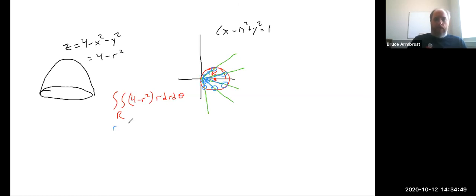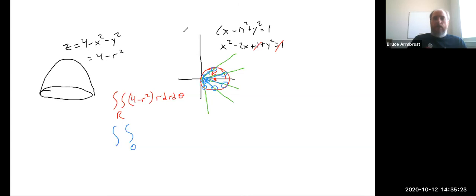So if we're going to do some bounds on this, I know his feet are at 0. To get his head, I have to look at this equation and convert it to polar. So check this one out. If I FOIL this out, x squared minus 2x plus 1 plus y squared equals 1. The ones cancel. I've got x squared plus y squared, which is r squared.